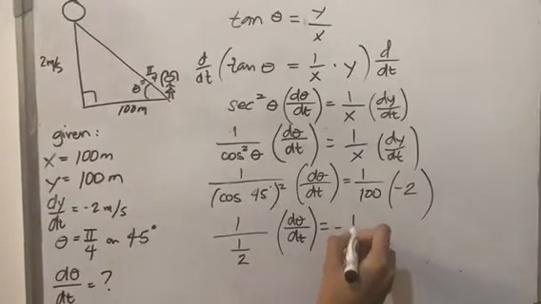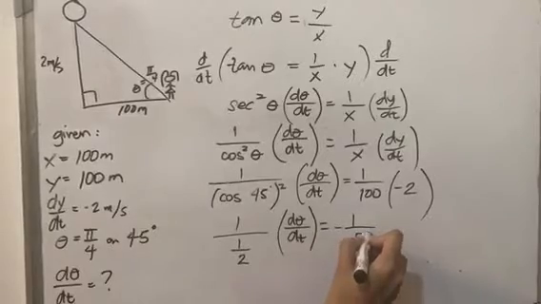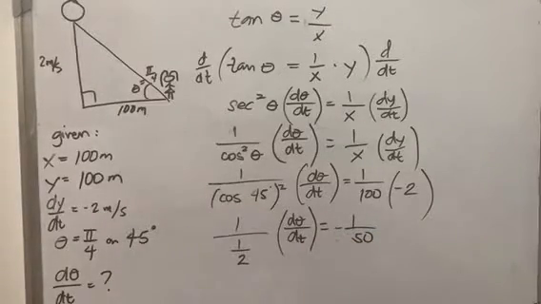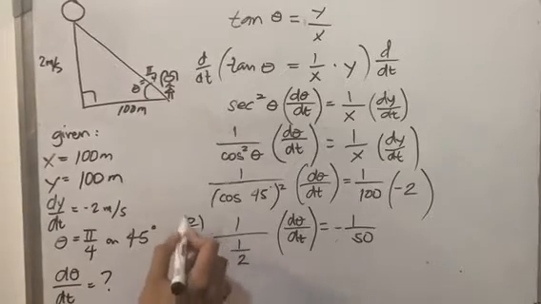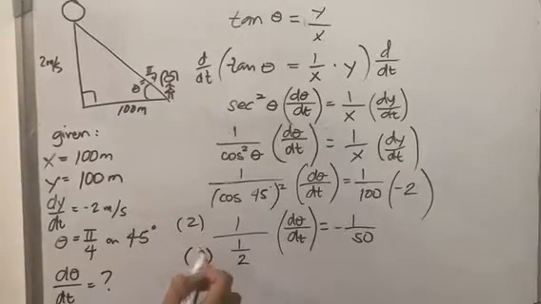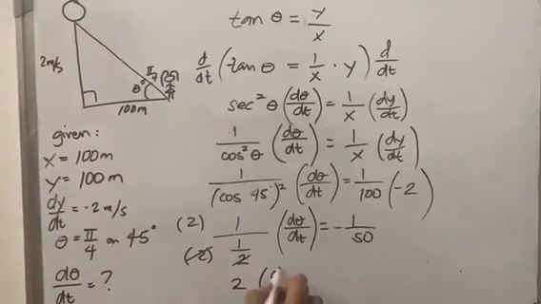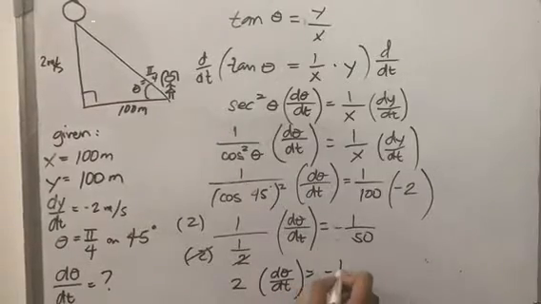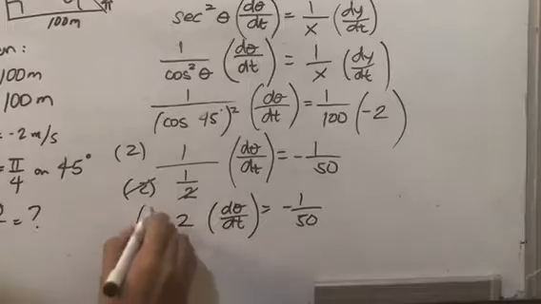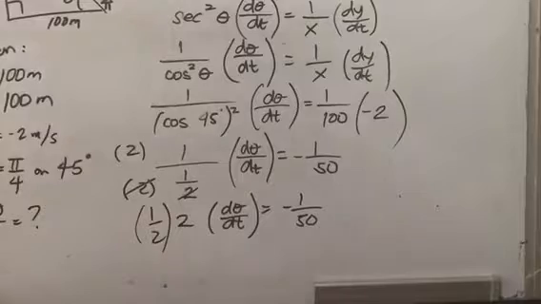So the answer would be negative 1 over 50. Now multiply both sides by 2, that will cancel out the 1 half. So this would be 2 d theta over dt equals negative 1 over 50.